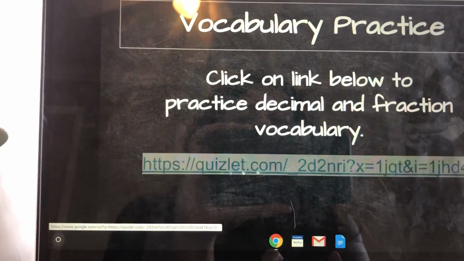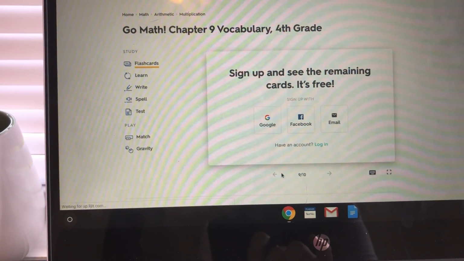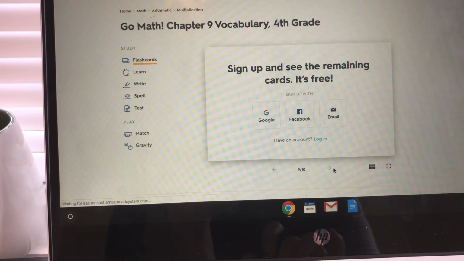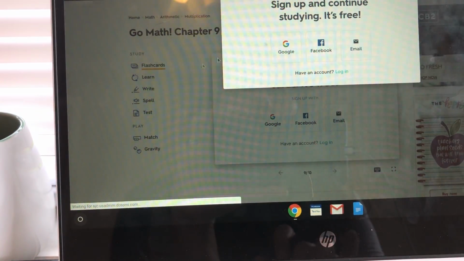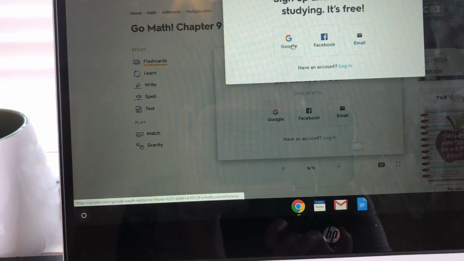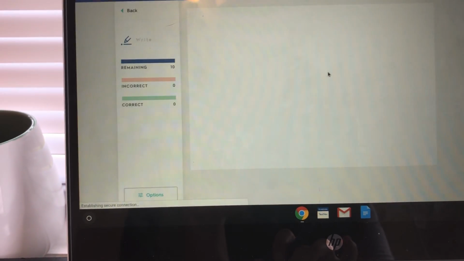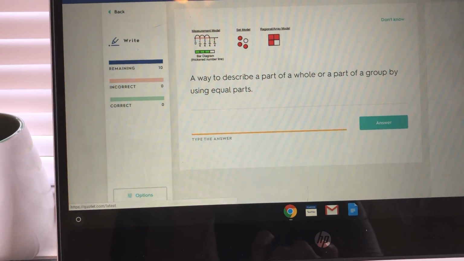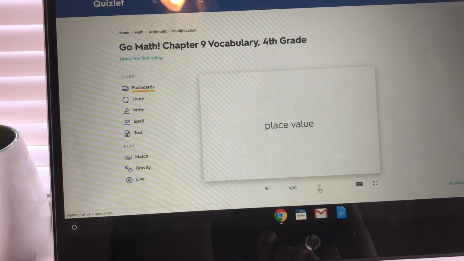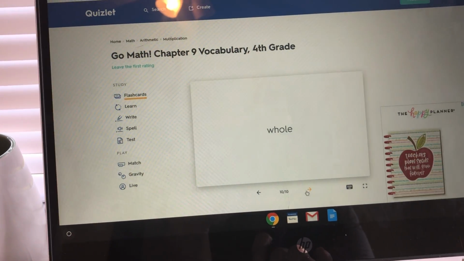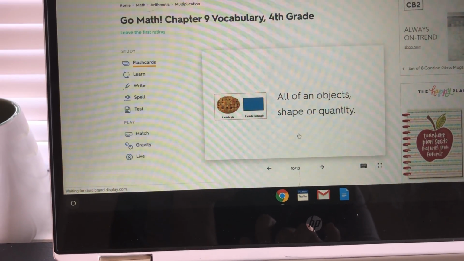We've got some vocabulary practice. Place value. Whole. Let's see what a whole is. A whole is all of an object.